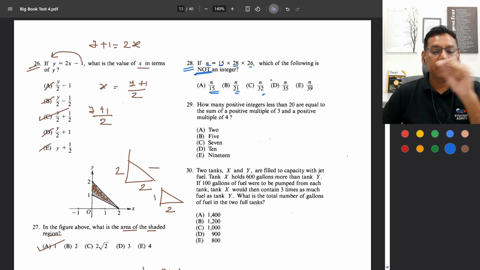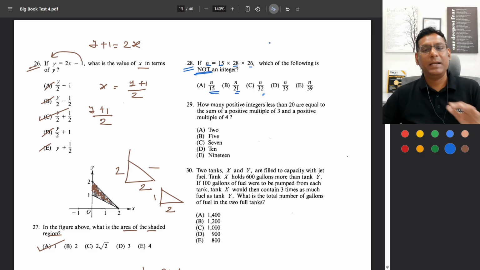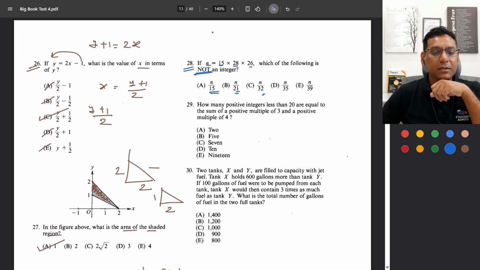The easier way to do it is to split everything into prime factorization. So let me write 15 as 3 into 5, that's the only way to write it. 28 will be 2 into 14, and 14 I can write as 2 into 7. 26 is 2 into 13. Did I get it right?